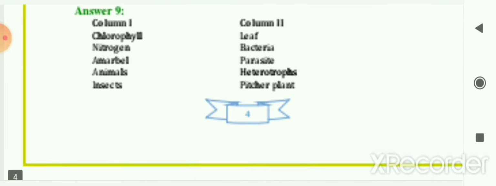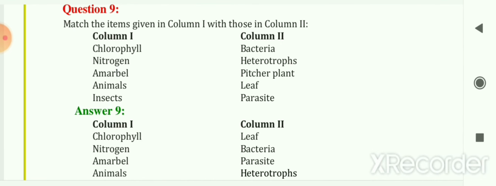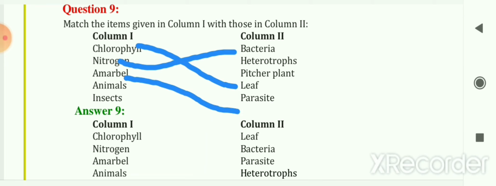The next is matching. So first one is chlorophyll. So chlorophyll is present in the leaf. Then nitrogen. So the bacteria fix the nitrogen in the soil. The next is Amarbel. So it is a parasitic plant. The next is animals.